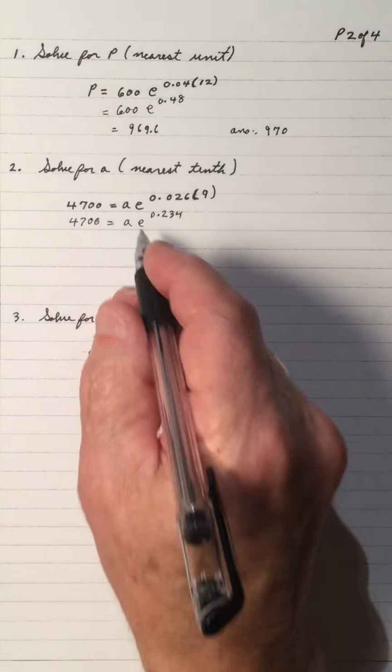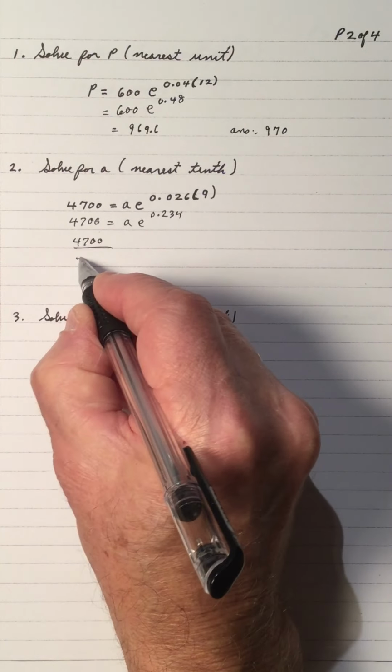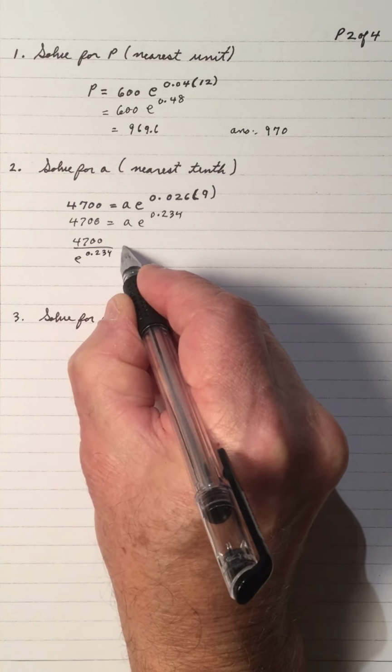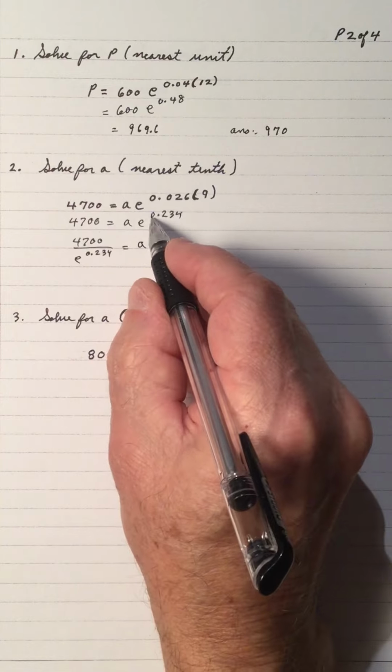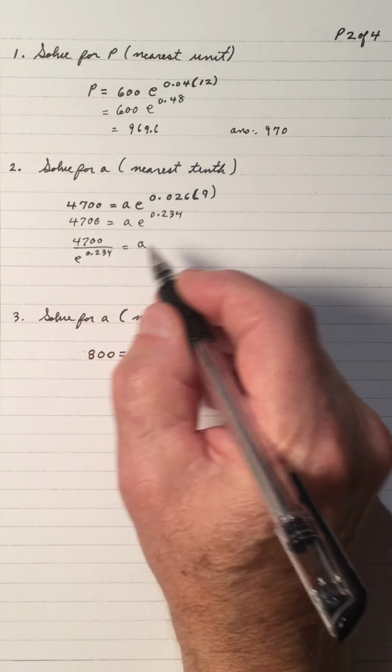So we take 4700 divided by e to the 0.234. We're dividing by e to the power because this is multiplication, so we do division over here.